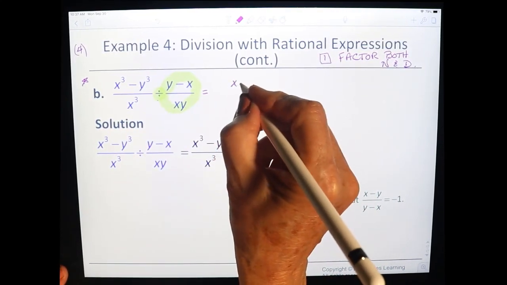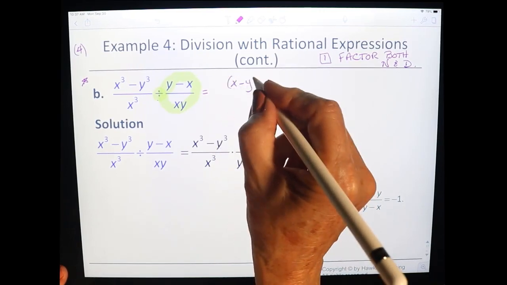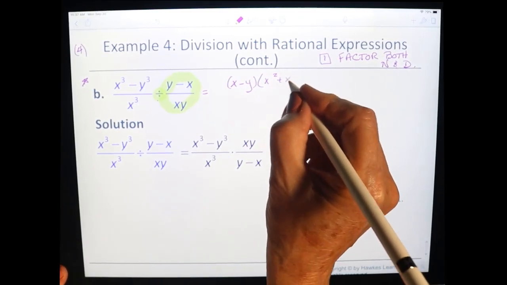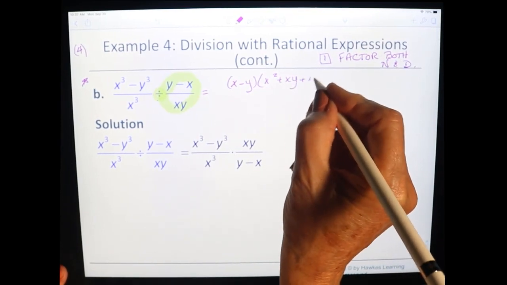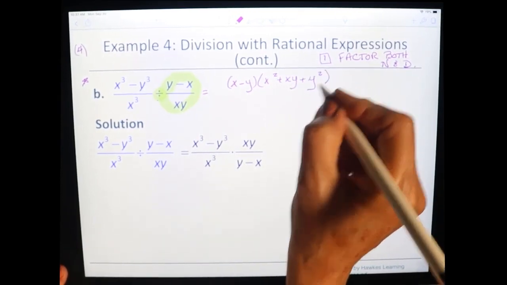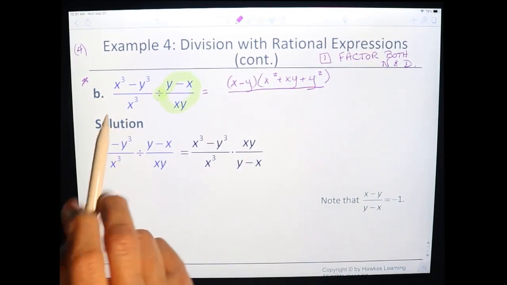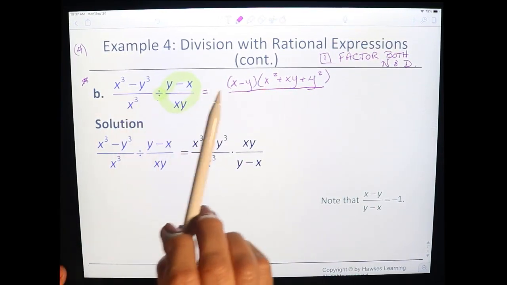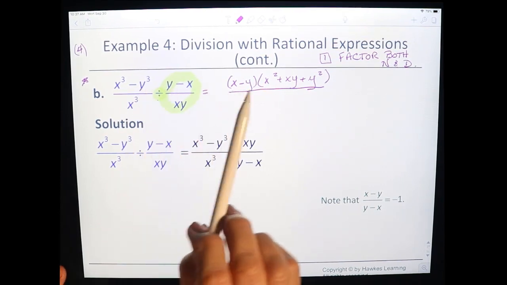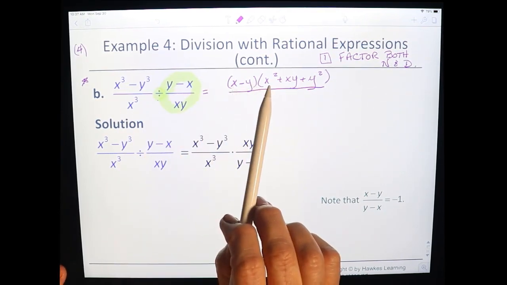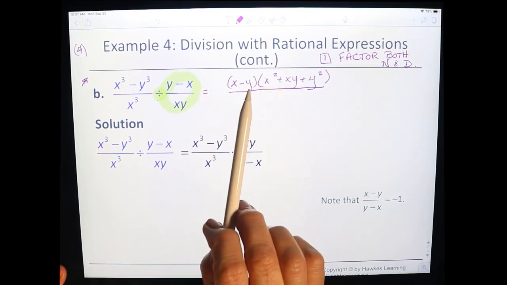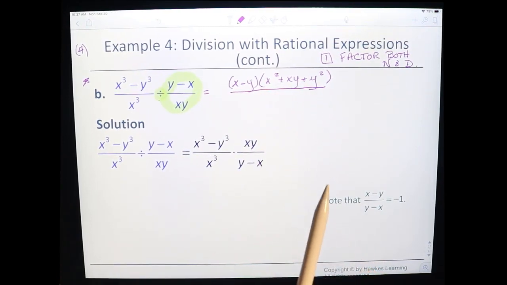Again, this one is kind of challenging. This is the difference of two cubes, and there's a distinct pattern which you may have to go to a different source to review. But you take the cube root of x cubed, keep the same connecting sign, the cube root of y cubed, and then go here and square, multiply the two together, reversing sign, and square the last term.